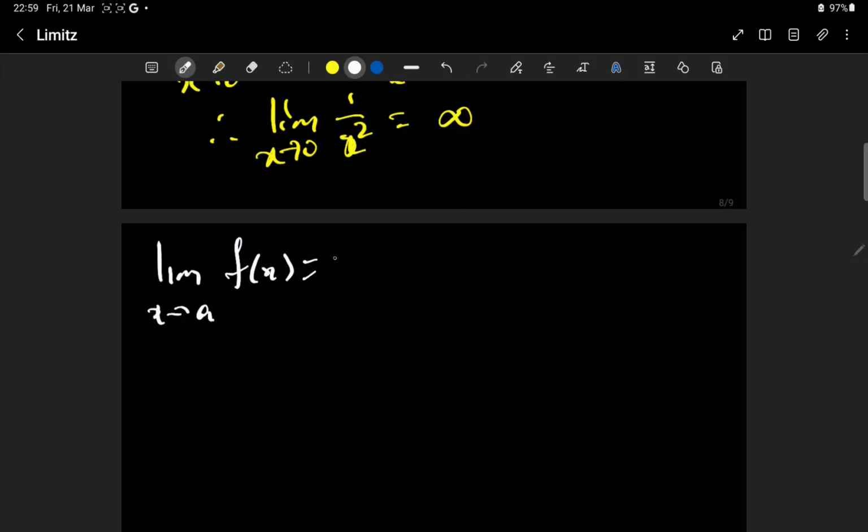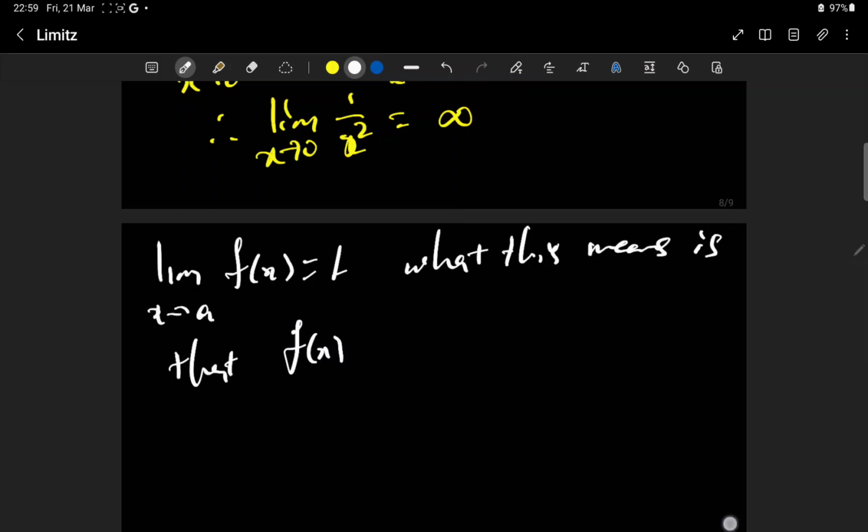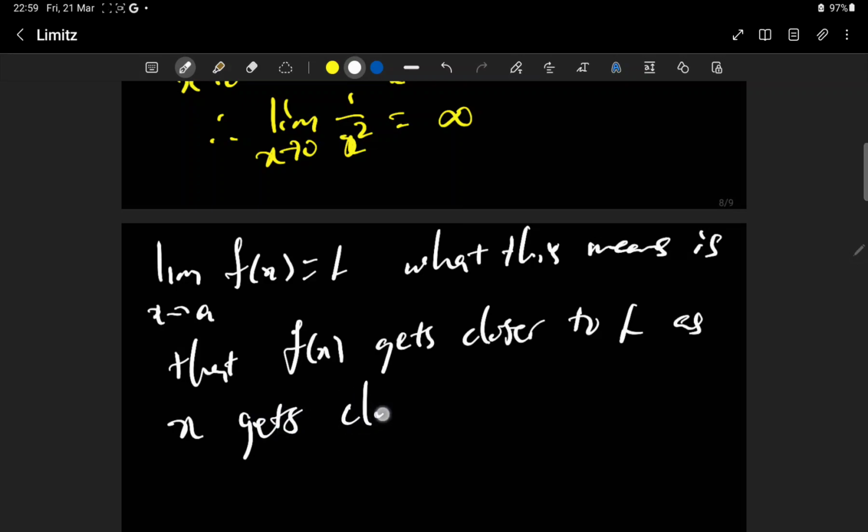So I just want to put it clear here: the limit as x tends to a of f of x, if that is equal to L, then what this means is that f of x gets closer to L as x gets closer to a.